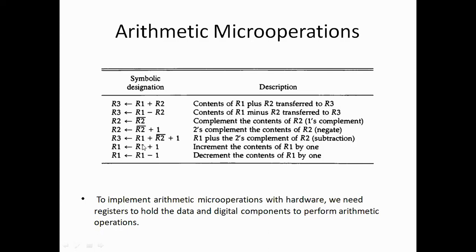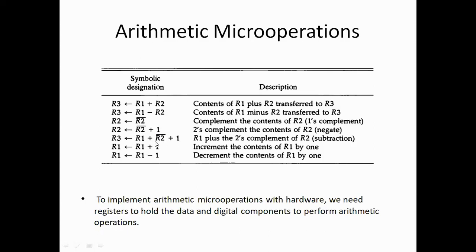And what is this? This is a subtraction operation, because we know R1 minus R2 is the same as R1 plus R2 bar plus 1. In other words, R1 minus R2 means R1 plus 2's complement of R2.